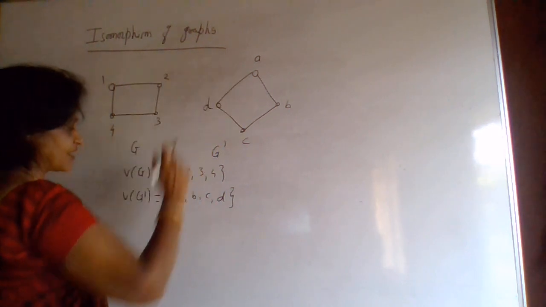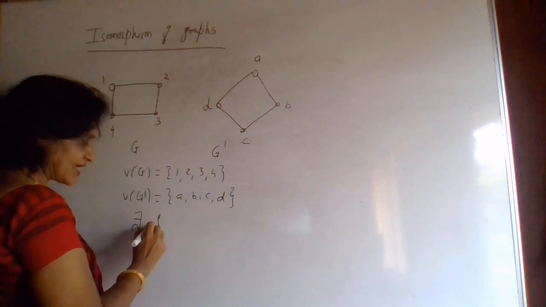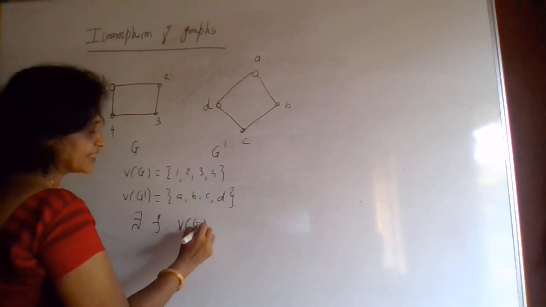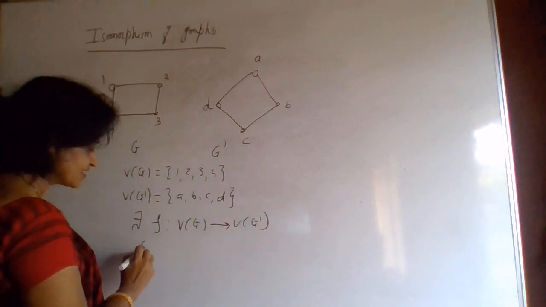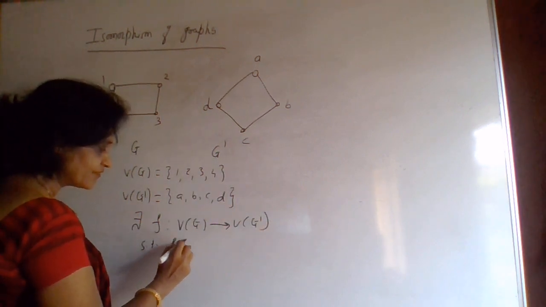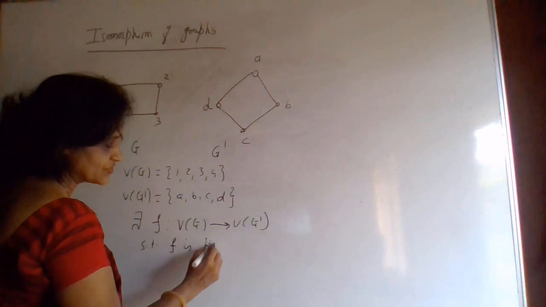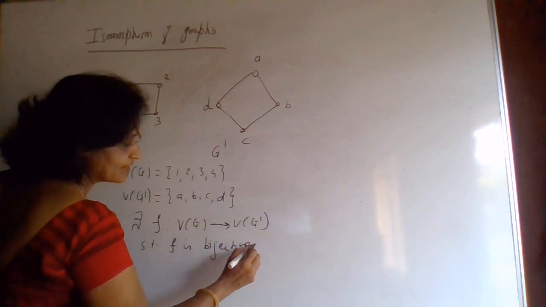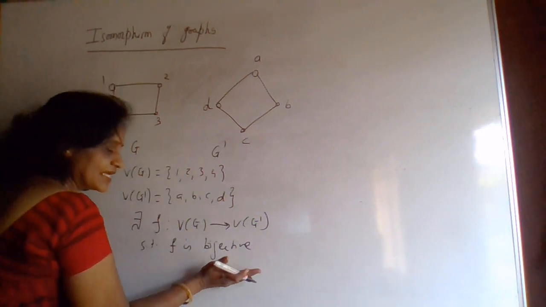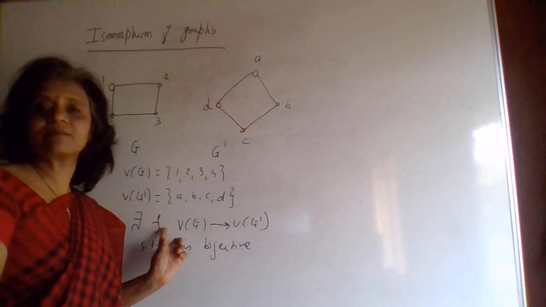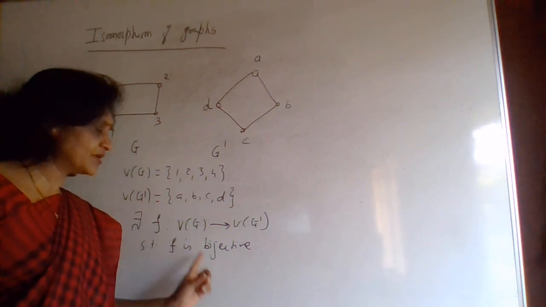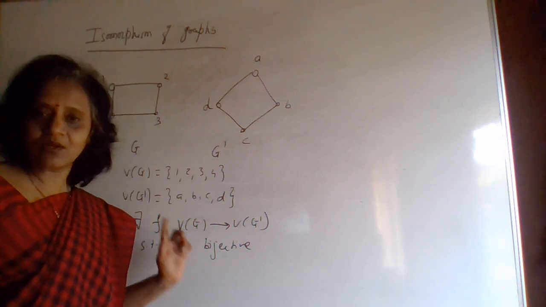The first thing we have, there must exist f from the vertex set of G to the vertex set of G dash such that f is bijective. Now please recollect, we have already seen what a bijective function is. So first of all, it should be a function and it must be bijective, that is 1-1 and onto.